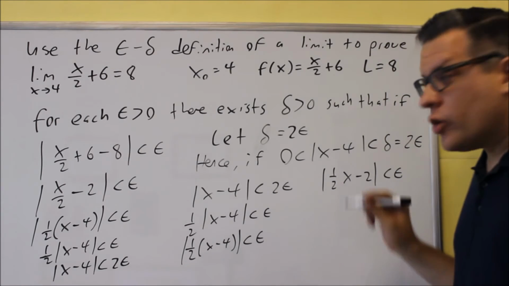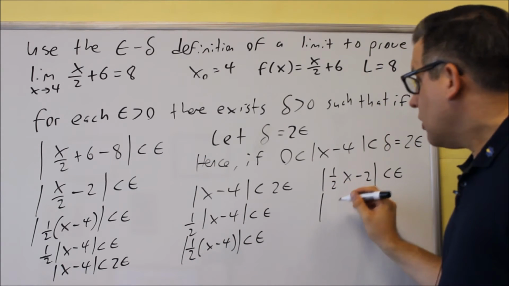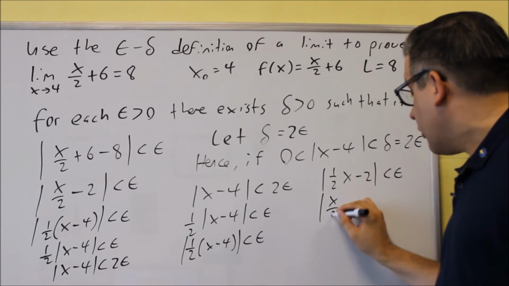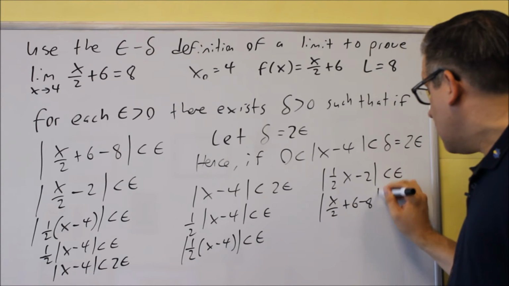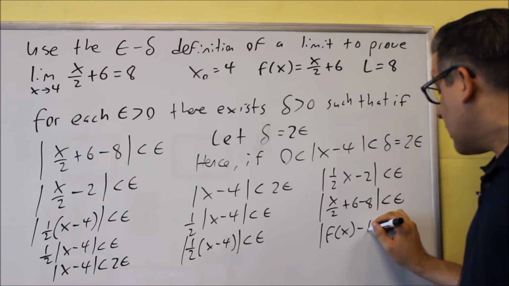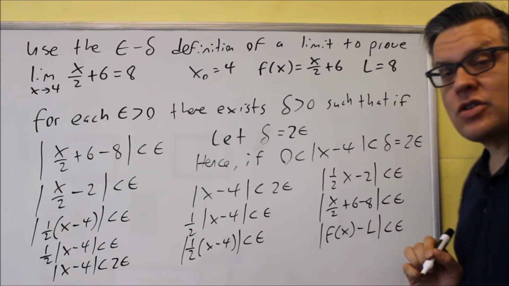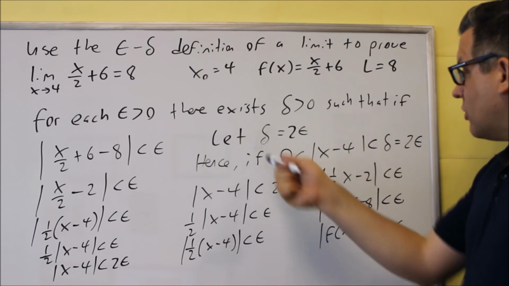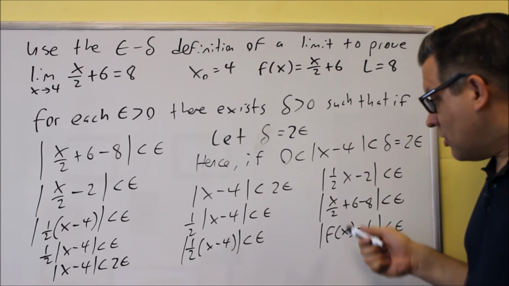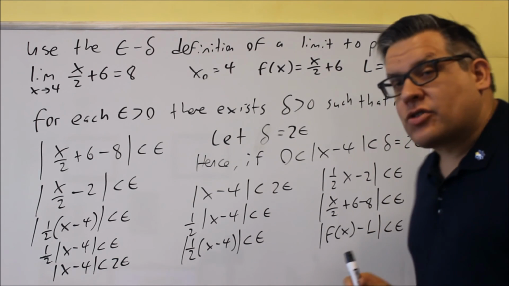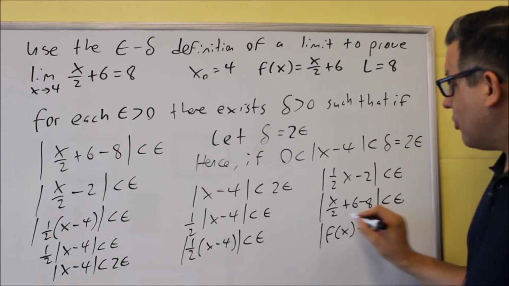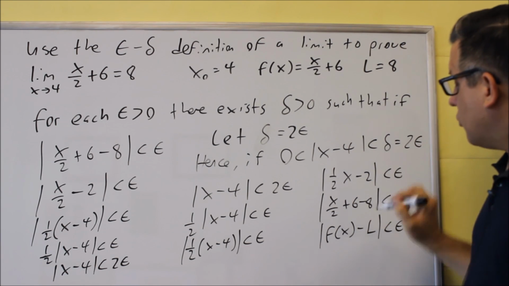Now we just rewrite it like we originally had. We can replace the negative 2 with 6 minus 8, and then we get x over 2 plus 6 minus 8, less than epsilon. That brings us back to what you always want to come to as a final thing: starting with this, we've shown that you can end up with the absolute value of f(x) minus L less than epsilon. This is the last statement you want to put down. This is your original f(x), with the minus L that was originally given.